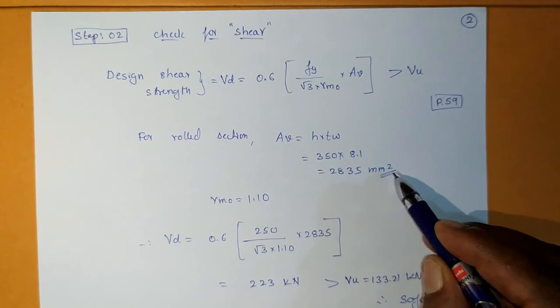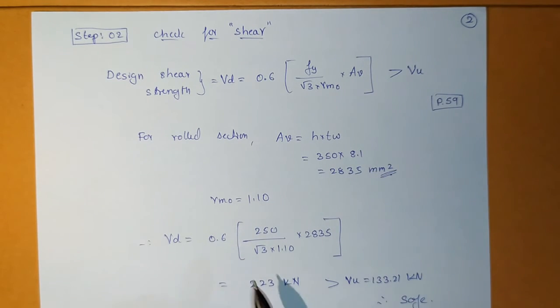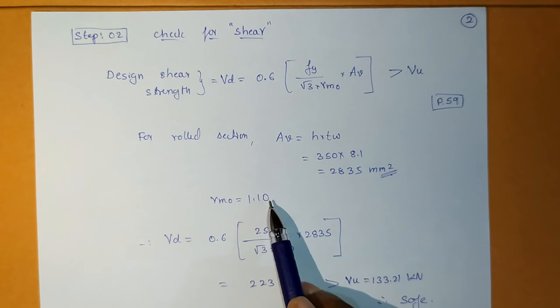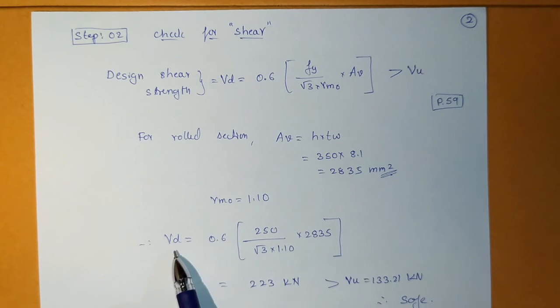Gamma M0 we take as 1.10, which is also available in the code book. Then the design shear strength VD will be 223 kilonewton. This should be greater than the ultimate shear force 133.21 kilonewton, then only the design is safe.